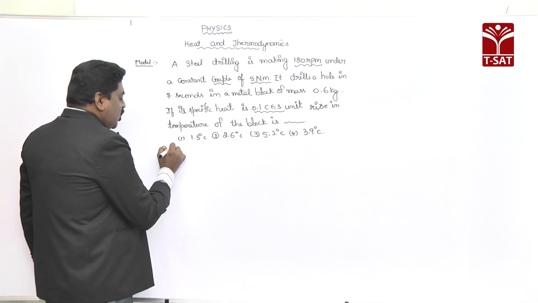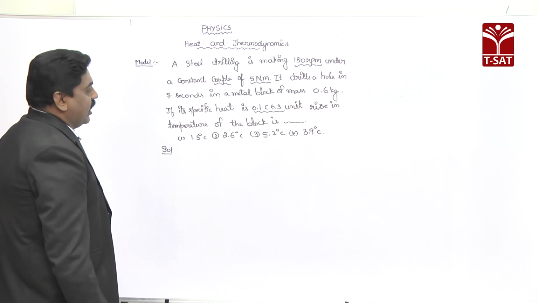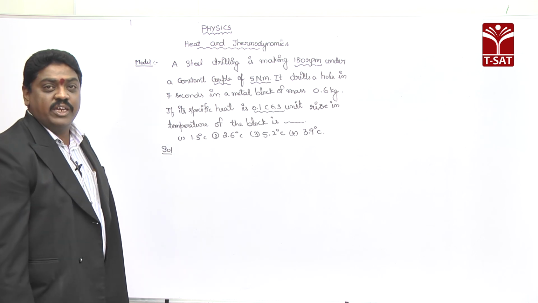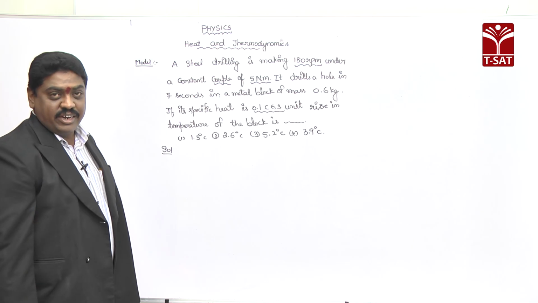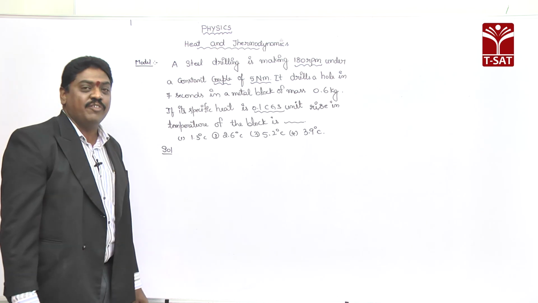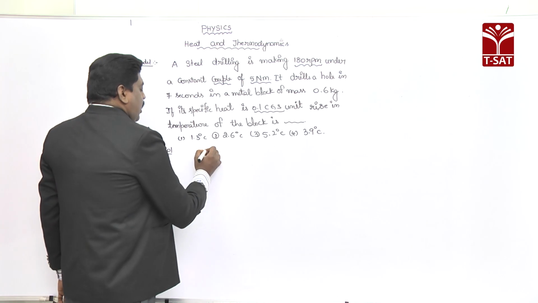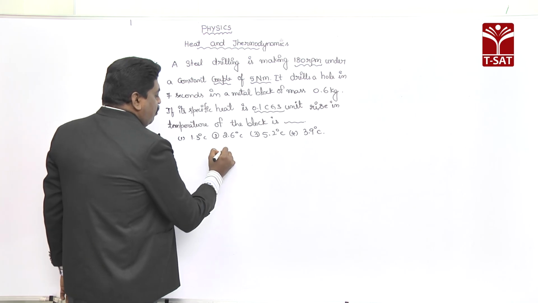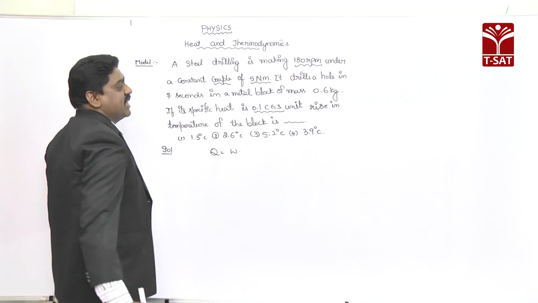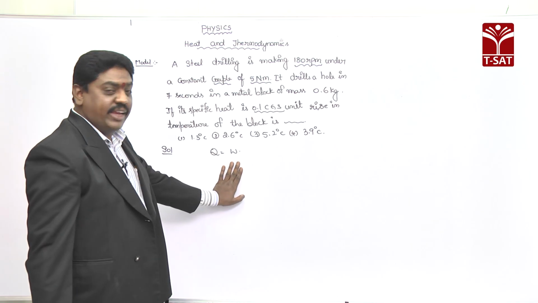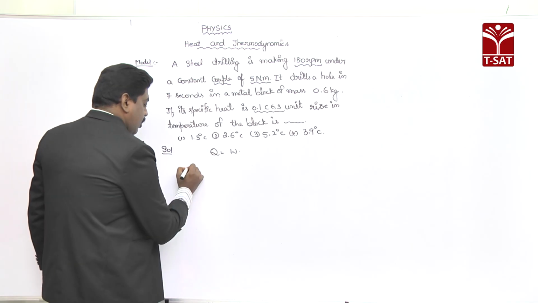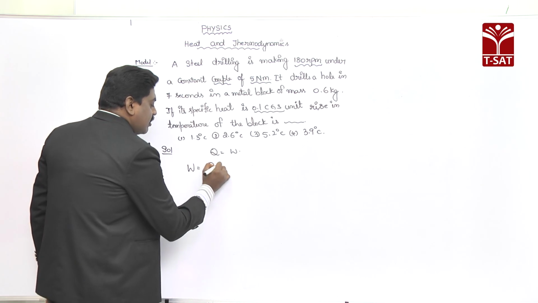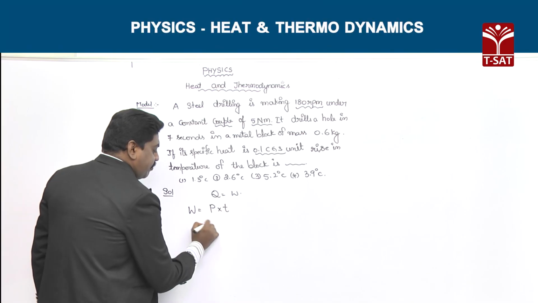In this problem, again, we are having the relation between work and heat, that is Joule's mechanical equivalent of heat. Here, Q equals W. But what we actually require is the work. Work is given as power into time.